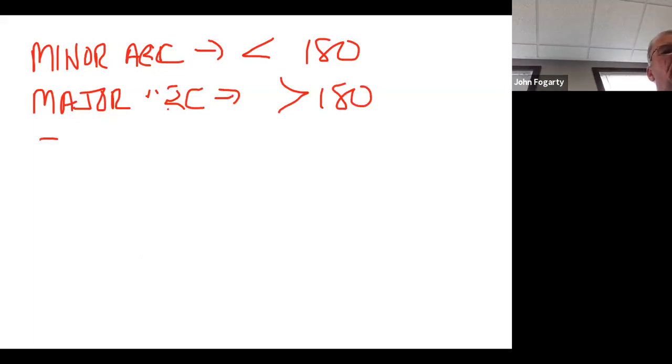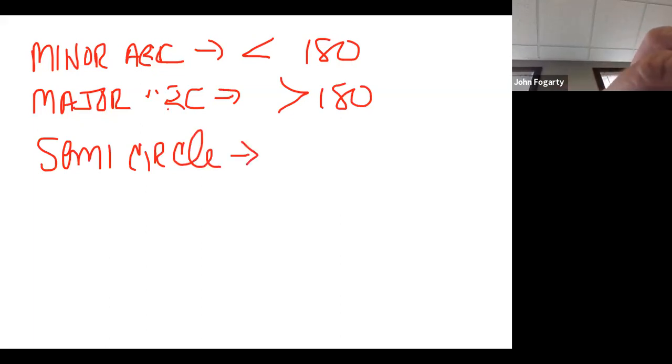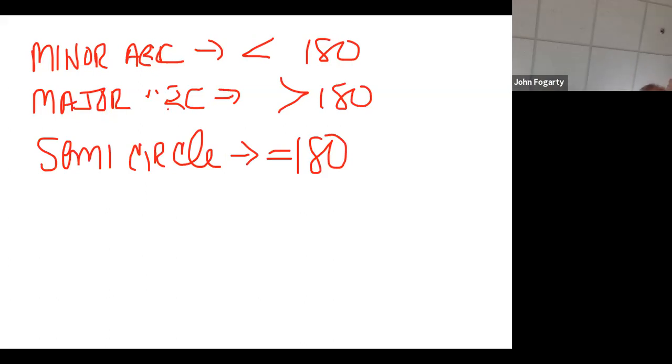So if you have a semicircle, what's the measure of the arc cut by a semicircle? That equals 180. Does that make sense? What's the measure of a straight angle? 180, right? Does that make sense, guys? All righty.